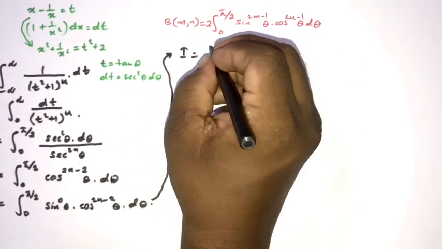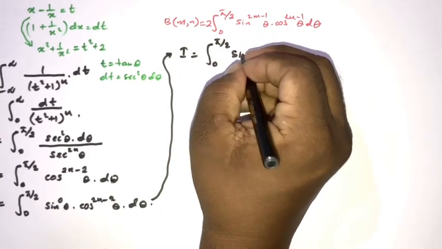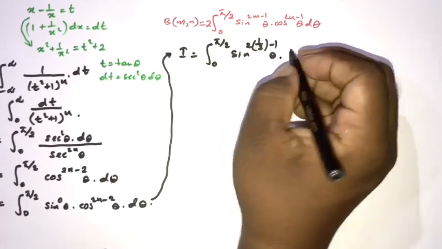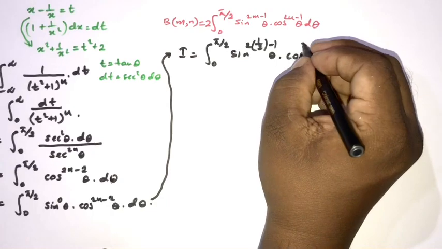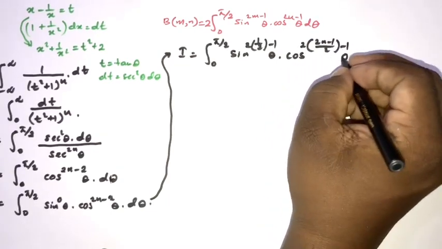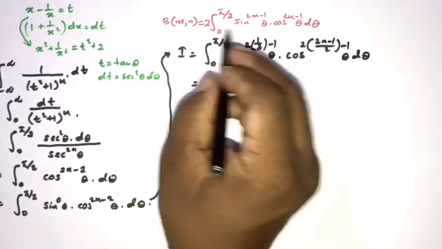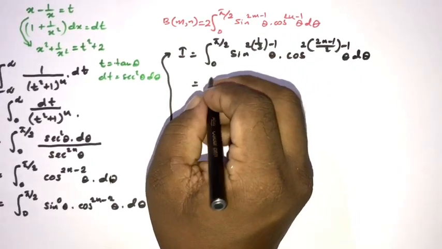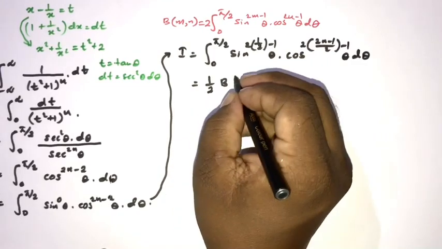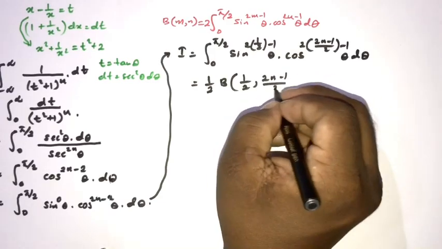I is equal to the integral from 0 to pi over 2, here sine of 2 times 1/2 minus 1 of theta, here cosine raised to the 2 times (2n minus 1 over 2) minus 1 of theta d theta. Okay, then we can apply this formula, so we can write now this is equal to 1/2 beta of 1/2 comma (2n minus 1) over 2.